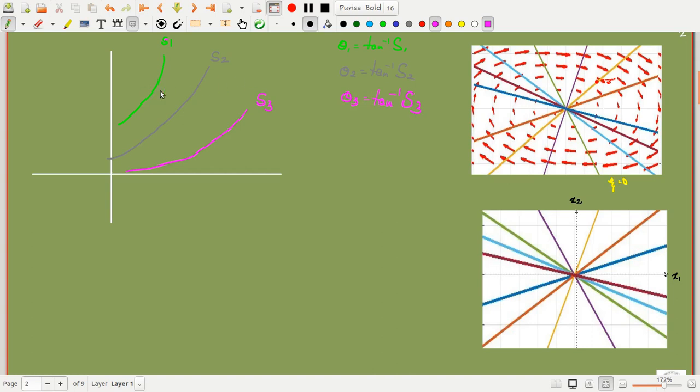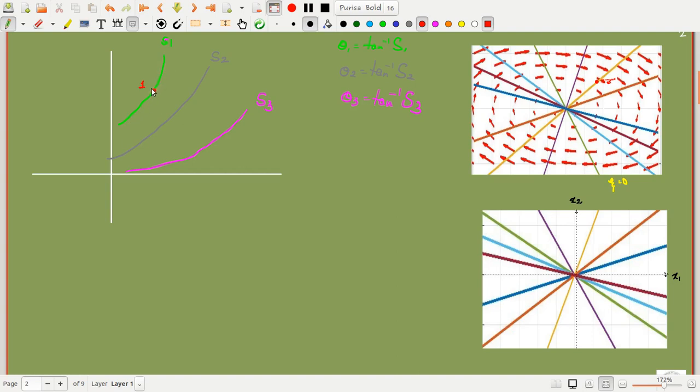Now suppose I am starting from some point in space. My phase trajectory is somewhere at point 1. What does it mean? My trajectory is at point 1 on isocline S1.